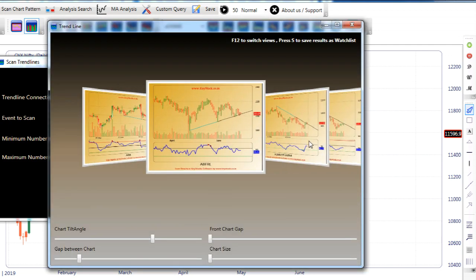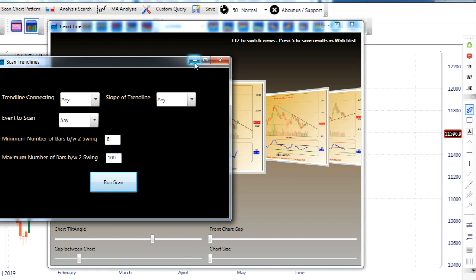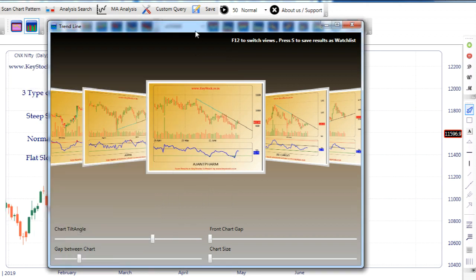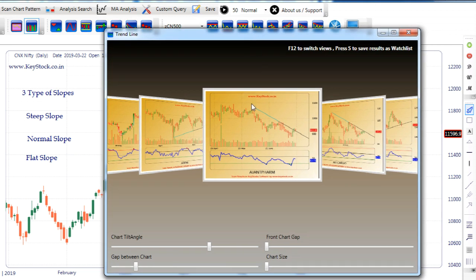In this Ajanta Pharma chart, the trend line is very steep, so we'll term it a steep slope trend line. This one is also steep.